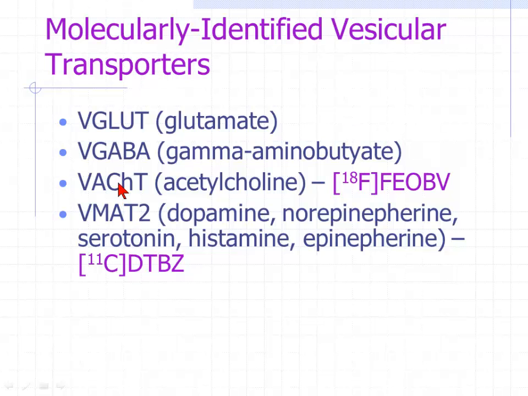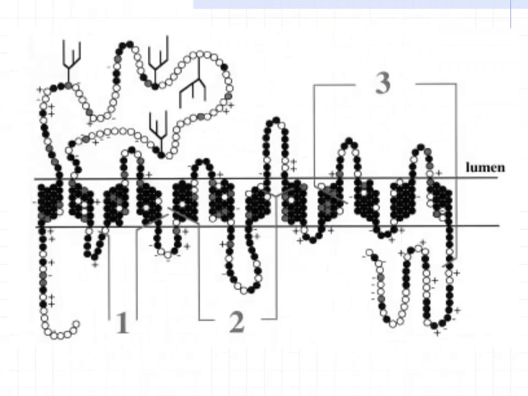We have tracers for two of these. One of these I'll show you a bit later. But we're going to focus now on tetrabenazine and its analogs for tracing of this transporter. We do not have existing imaging methods for these vesicular transporters, and we would really like to have some.